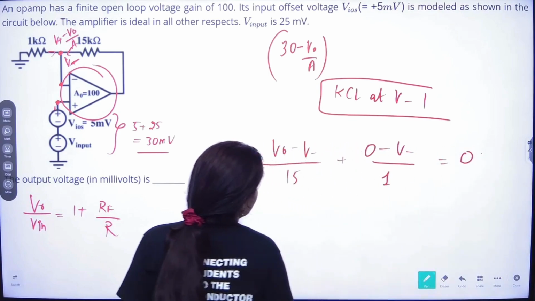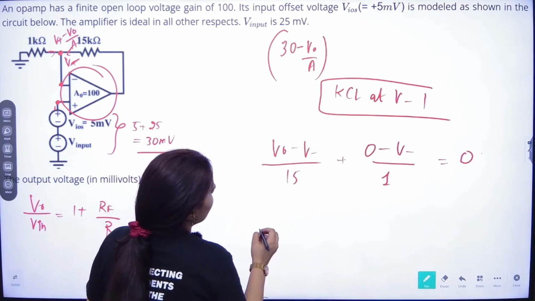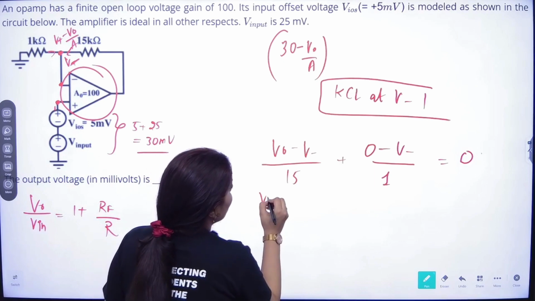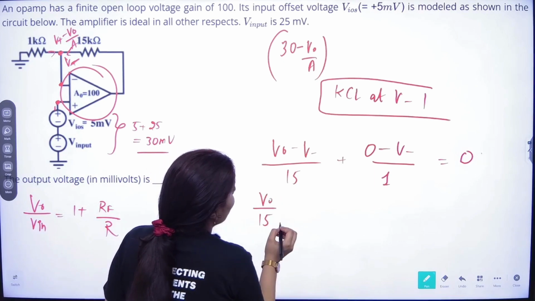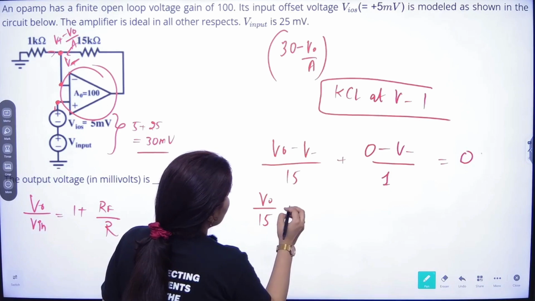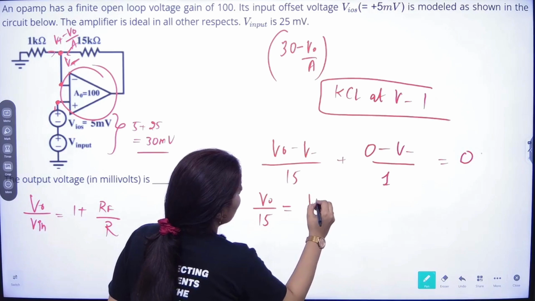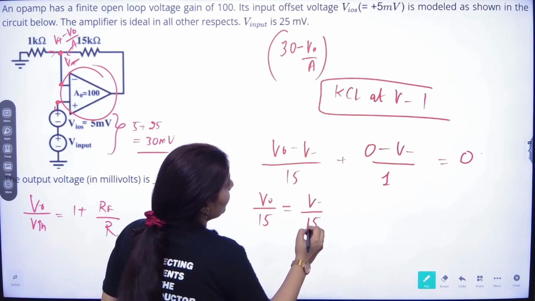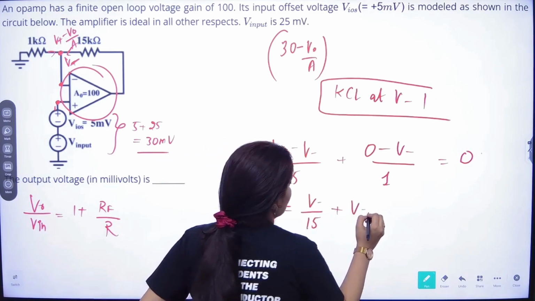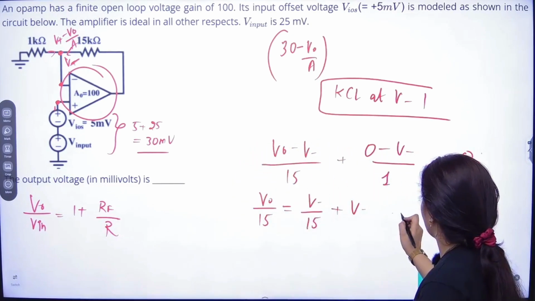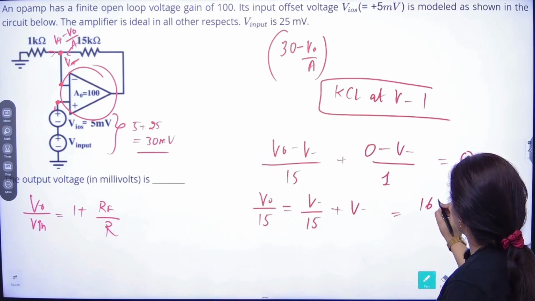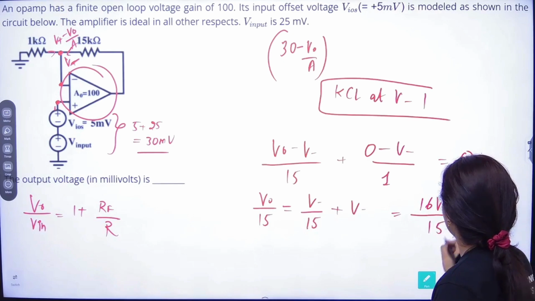Just replacing everything, right? So V naught by 15 is equal to V negative by 15 plus V negative. All are in kilo, right? So that will be 16 V negative divided by 15.